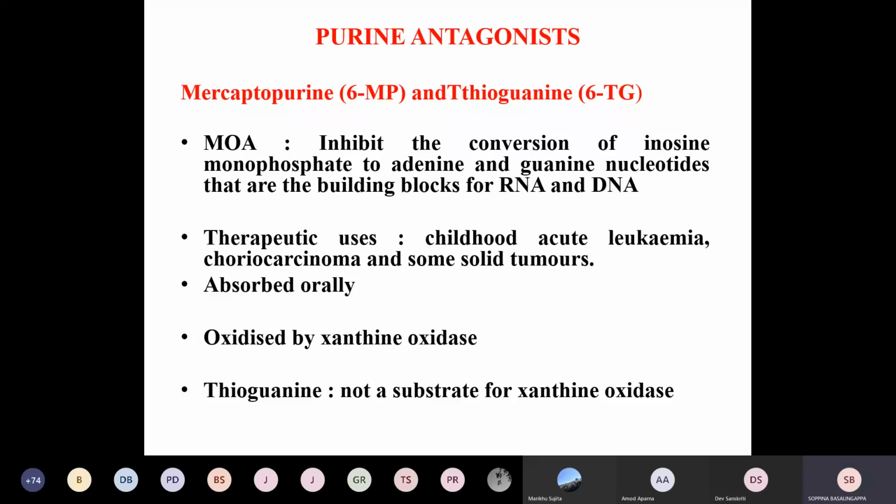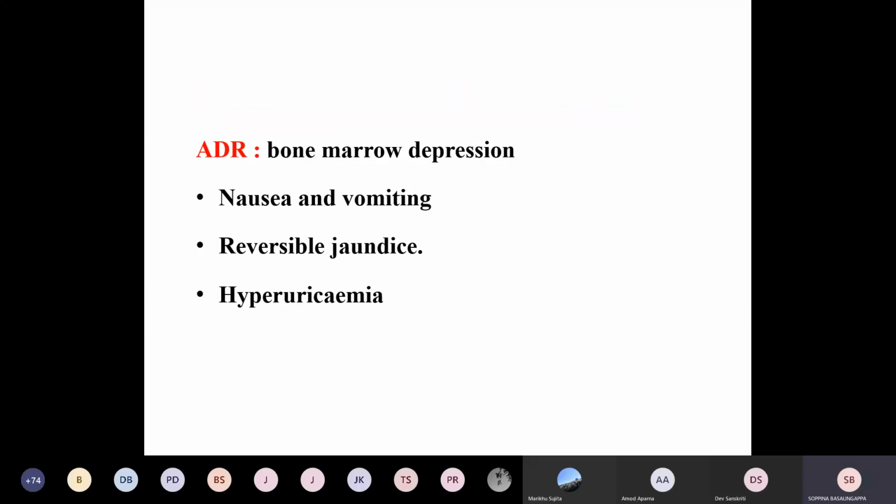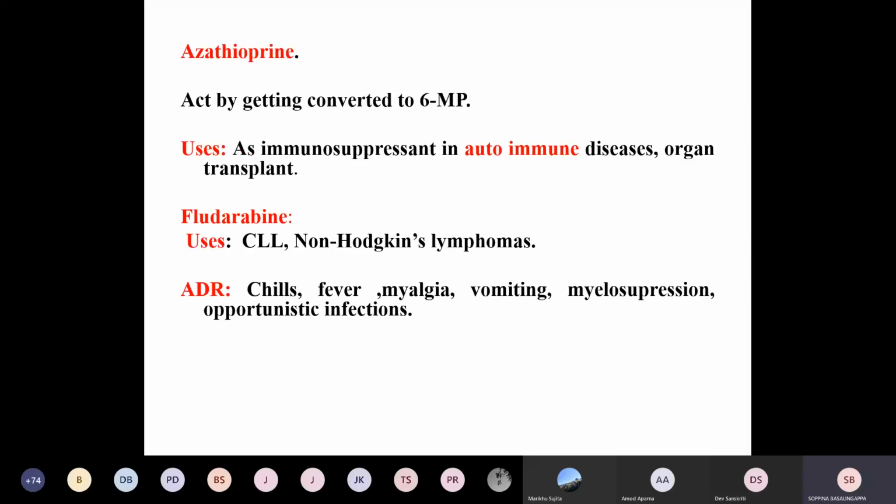What are the uses? Childhood leukemias, childhood acute leukemia, carcinoma and some other tumors. The drug is given orally, oxidized by xanthine oxidase. Adverse effects: bone marrow depression, nausea, vomiting, reversible jaundice, hyperuricemia.